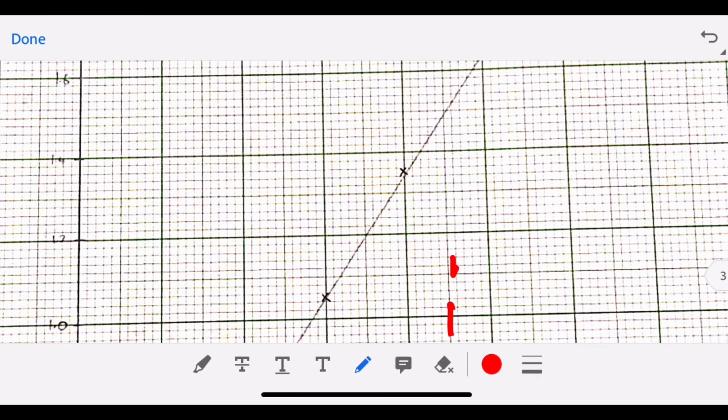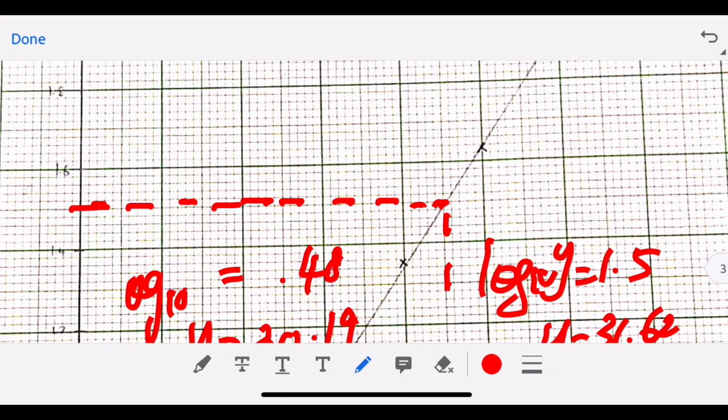Then, using a ruler, turn to the big Y axis and read. If you read carefully, you will get log 10 y equal to 1.5. You should follow your graph.